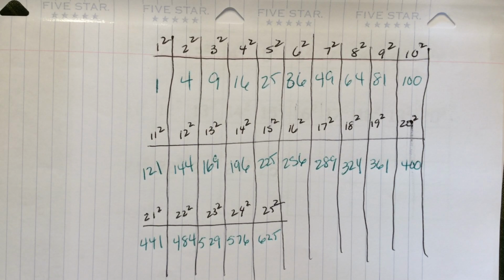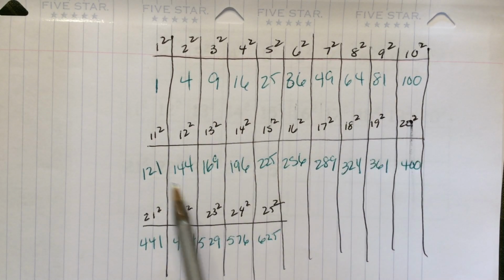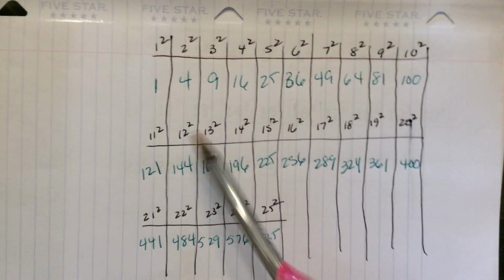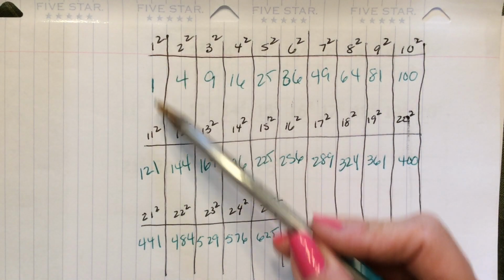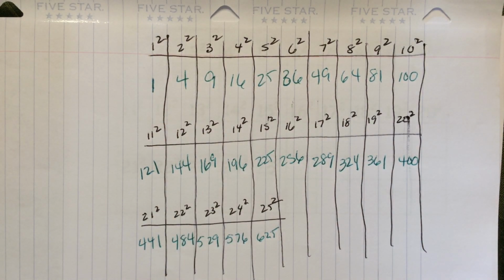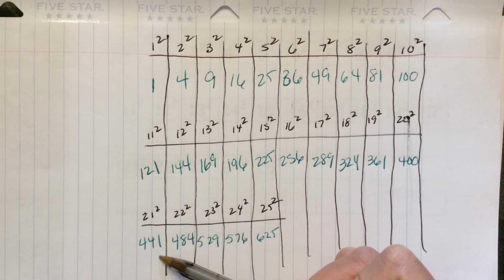But I want you to notice some patterns here. The reason I set it up as 1 squared through 10 squared, 11 squared through 20 squared, and I only did half of this row not to make it too tough, is that you can see that we're all lined up. Okay, 1 squared, 11 squared, 21 squared. They all end in 1s. Now look at my answers. 1, 1, 1.